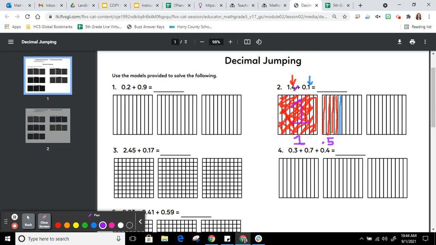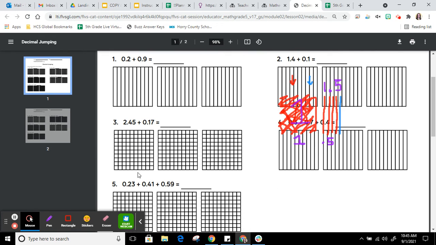So 1 and 4/10 plus 1/10 is 1 and 5/10. All we do is we add the 2 together. So there's number 2 for you. Let's look at 1. I'm going to go ahead and erase that because it's going to move.